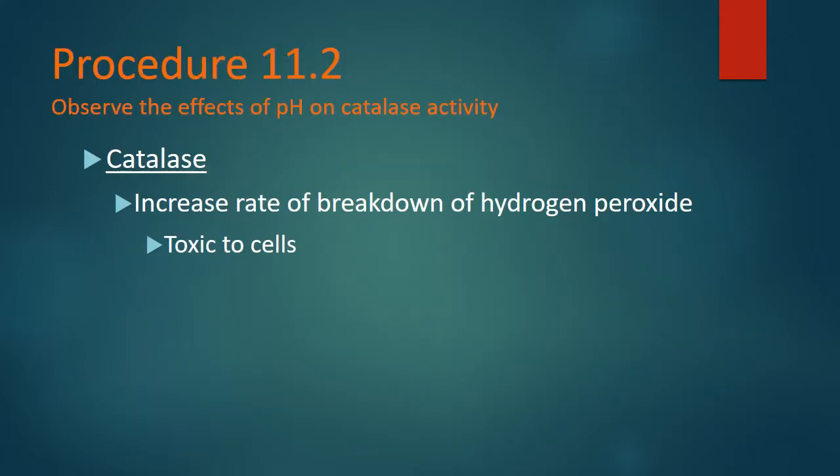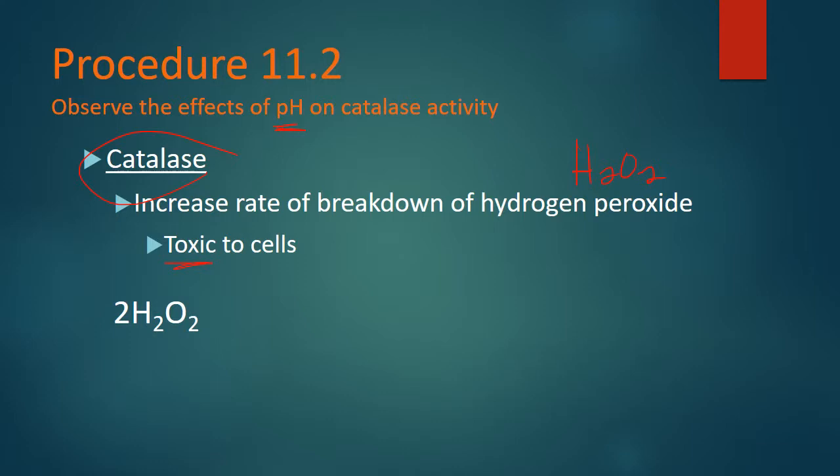So in the next activity, you're going to be observing the effect of pH on catalase activity. So catalase is another type of enzyme. Catalase breaks down hydrogen peroxide, which is H2O2. Hydrogen peroxide is highly toxic to cells. So we want to get rid of that as much as possible.